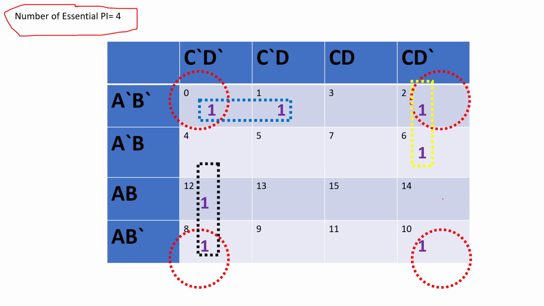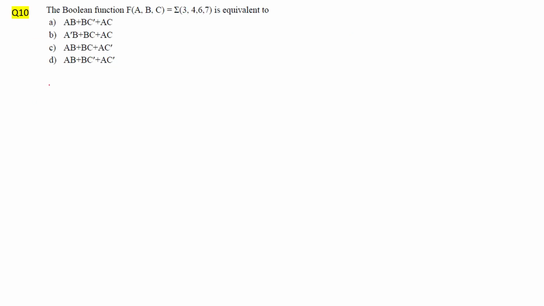I have given this color coding. Can you tell me which one? Blue, black, and yellow. Why not the red? The chord. So let me just read this function again.